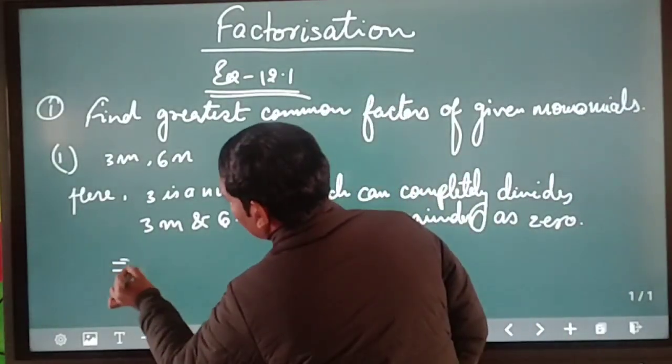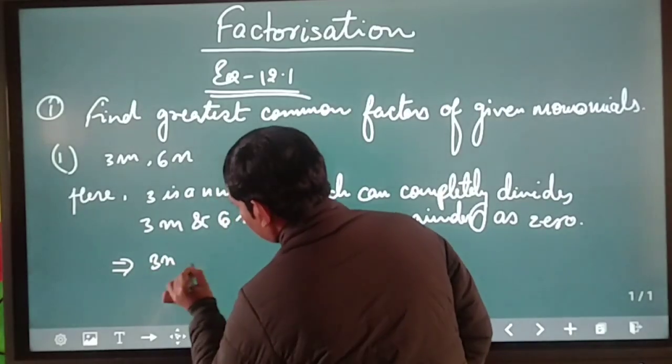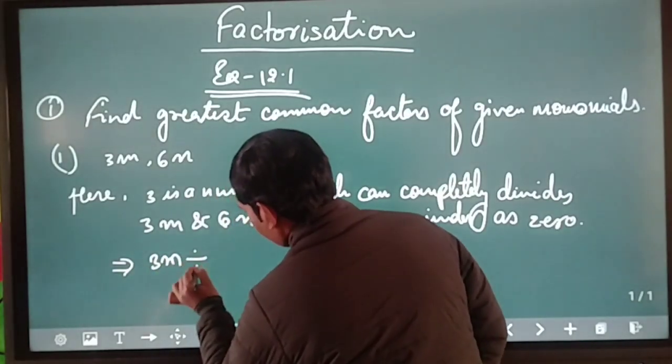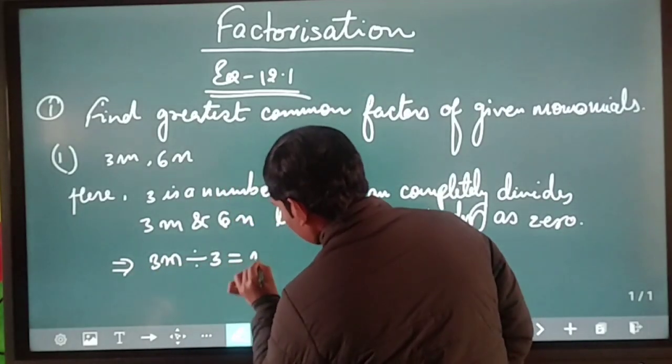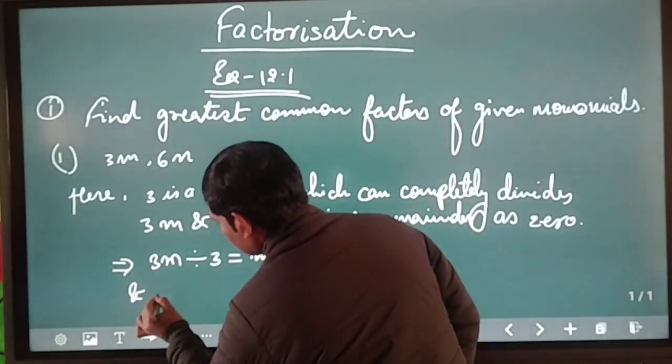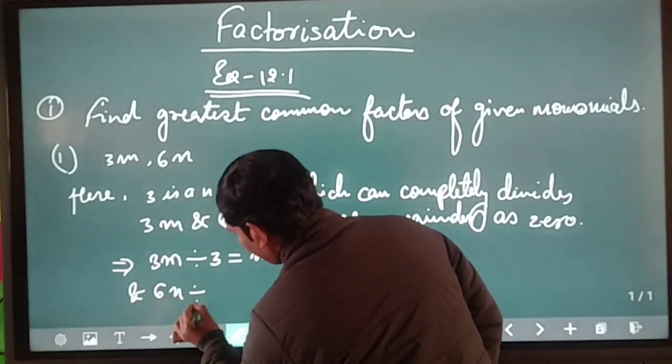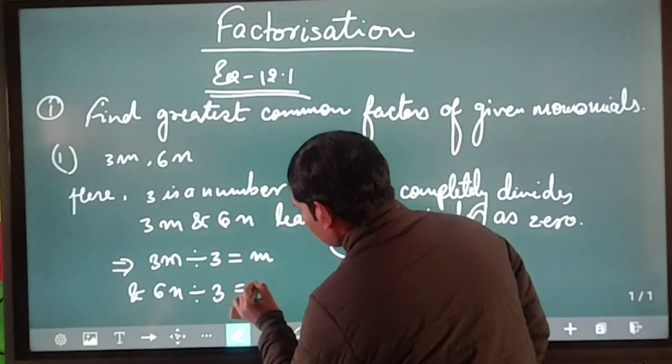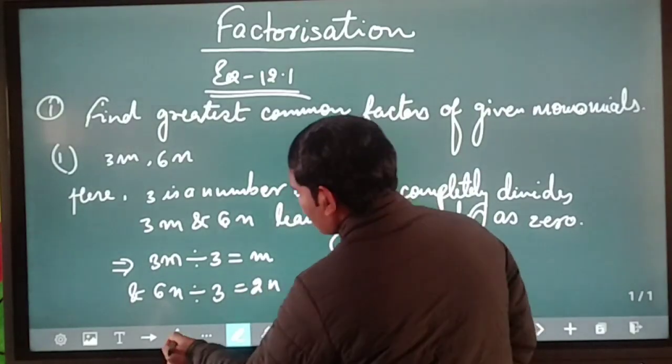Therefore, 3m divided by 3 gives m, and 6n divided by 3 is equal to 2n.